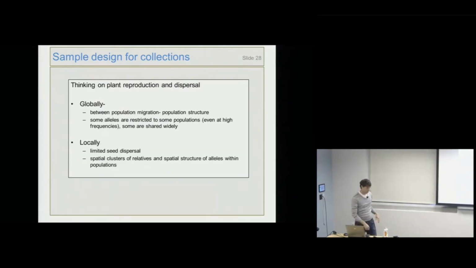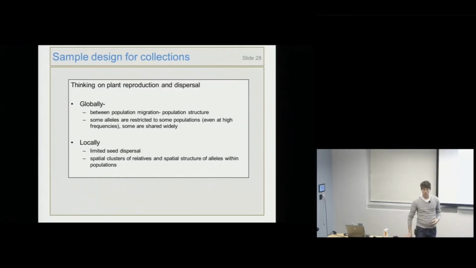But I think we can improve upon this very simple way of planning a collection by considering what we know about plant biology and plant genetics. We know that throughout a species range, typically there's some level of population structure due to reduced migration between populations, such that certain alleles might only occur in certain populations.